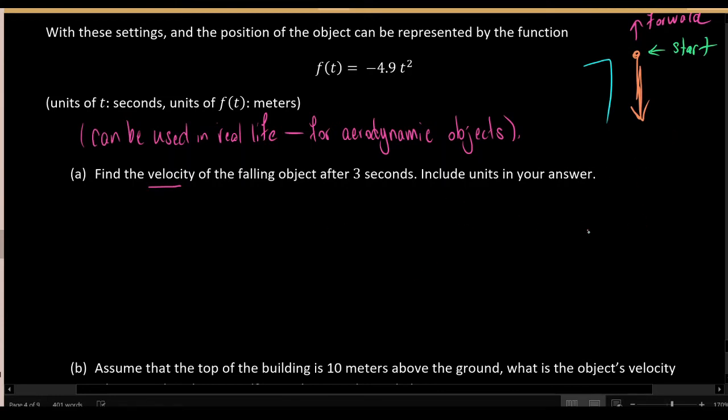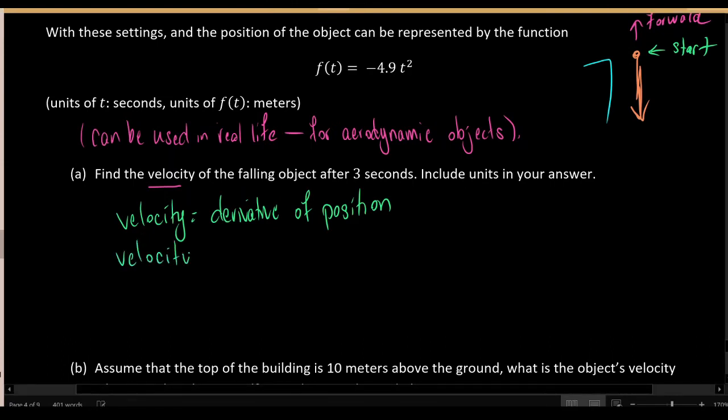And let's go ahead and include units in our answer. Remember that the velocity of an object is the derivative of position. In this case, the position is given to me by the function f of t. So if I want the velocity, I need to find the derivative of f of t.